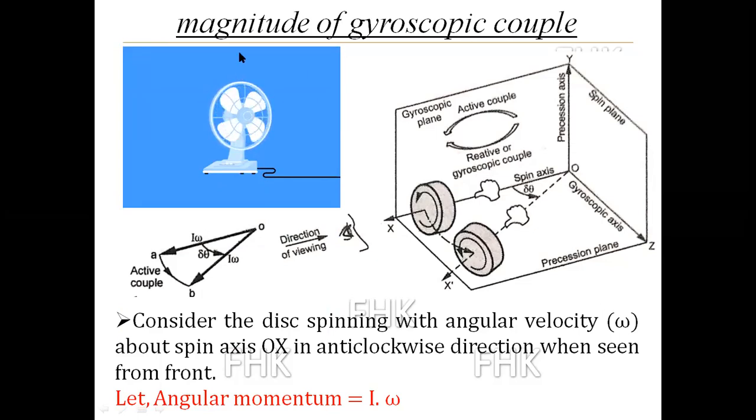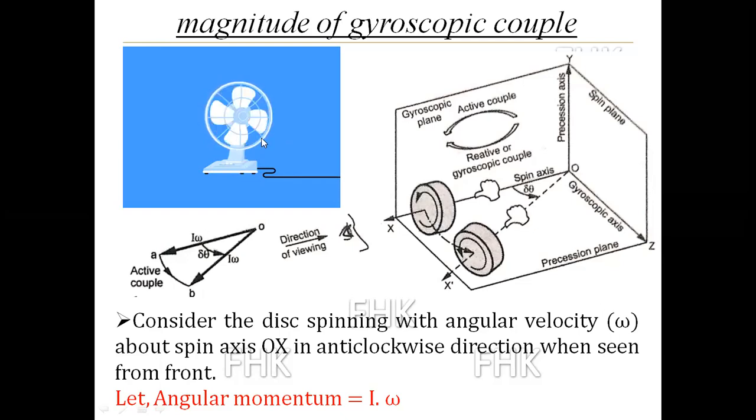That precession you can see from the top view, and the precession axis is a vertical axis, seen in the precession plane or bottom plane. This is the best example. When there are two motions, spinning as well as precessing, the fan either moves downward or upward due to the active force.